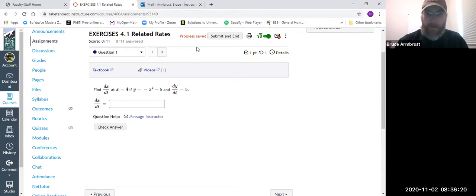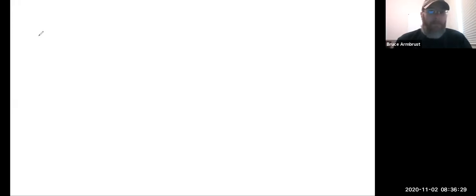All right, so let me go to a whiteboard here. We were given y equals negative x squared minus 5, and we want dx/dt. So since we want dx/dt, we're going to go ahead and do d/dt of both sides.